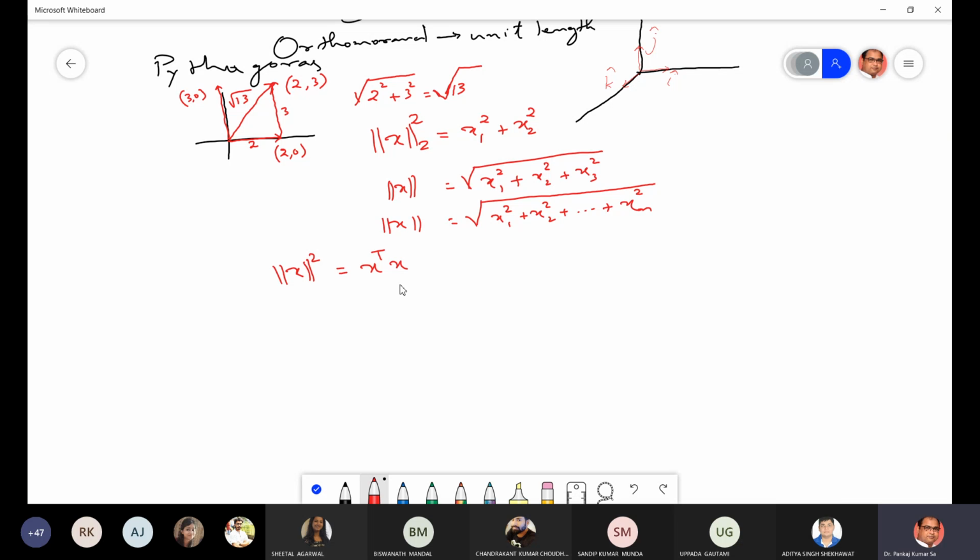This x transpose x is the squared length.